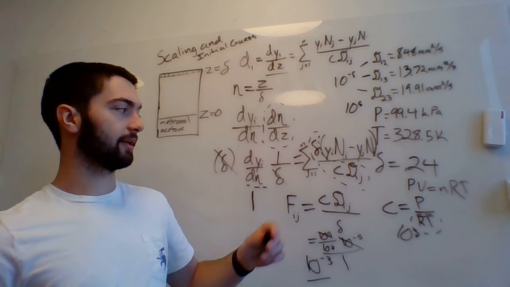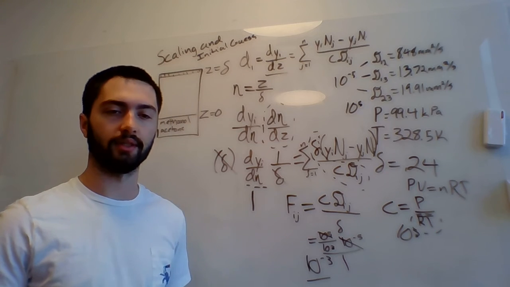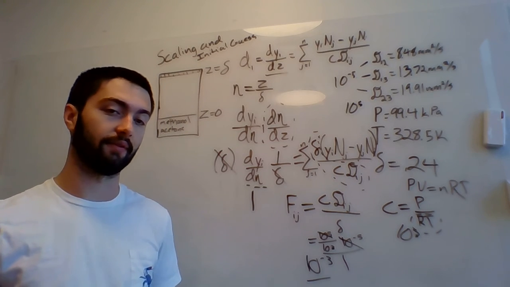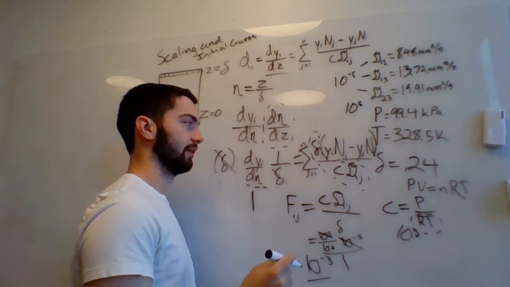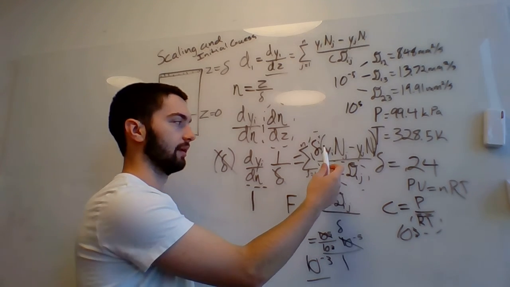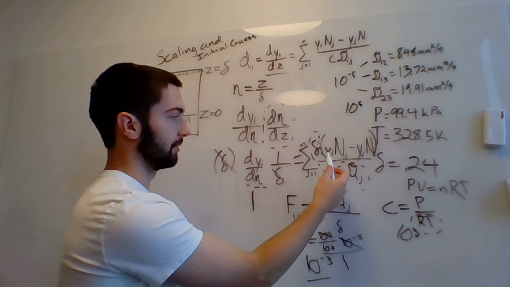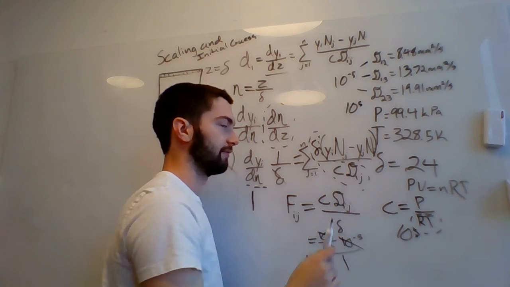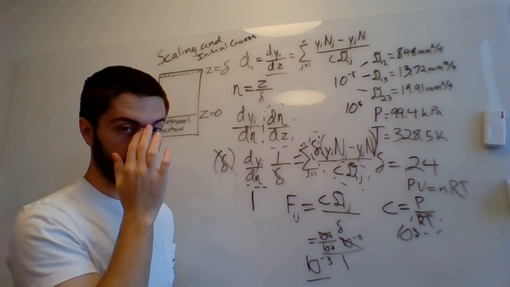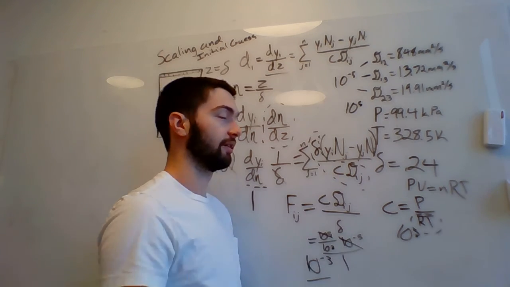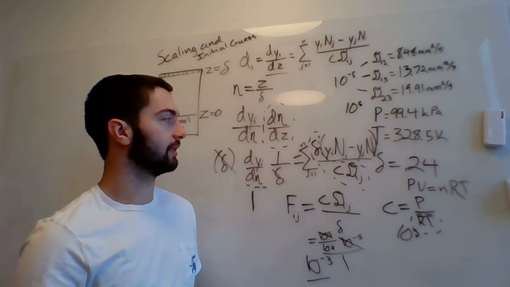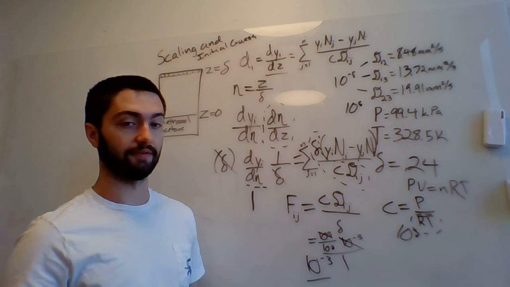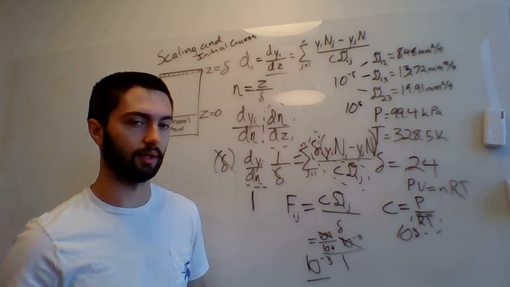So since we know the denominator of our driving force equation is an order of magnitude of 10 to the negative 3rd, and we know the numerator depends on mole fraction of both of the components and molar flux of the components. Molar fluxes are unknown, so that's what we want to make a guess at, and we know mole fraction is defined to be an order of magnitude of 1.